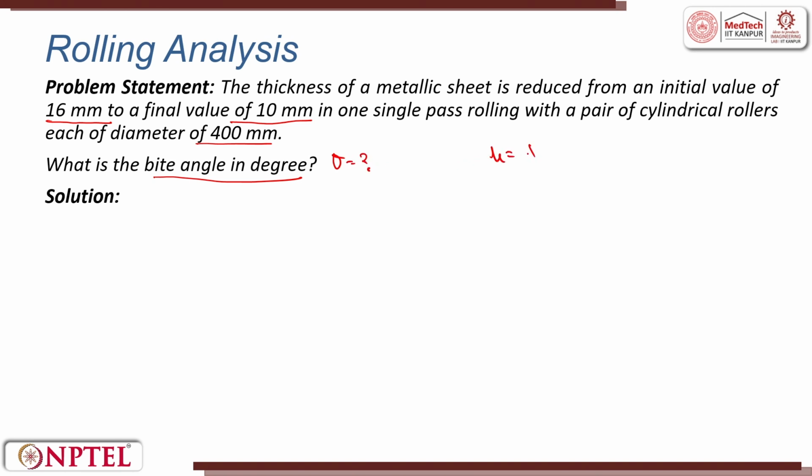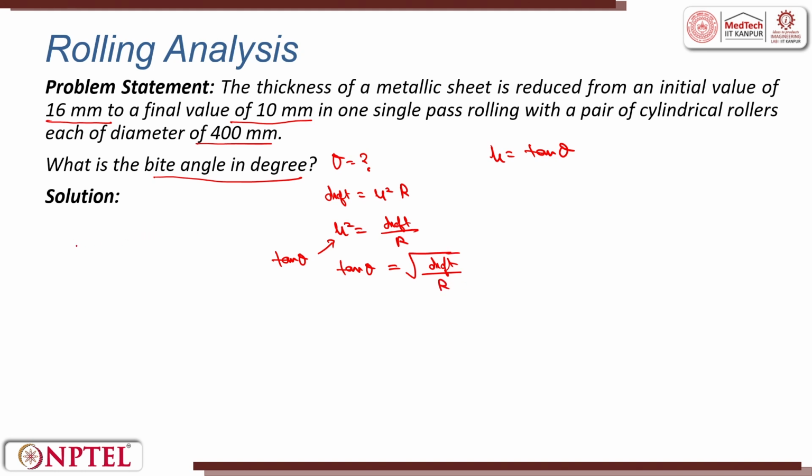You know that mu is equal to tan theta. Now, if I use the relation draft is equal to mu square R, which means mu square is equal to draft by R, I will put mu as tan theta, which gives me tan theta is equal to under root of draft by the radius of the roll.